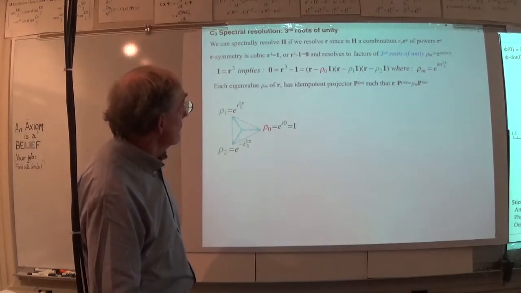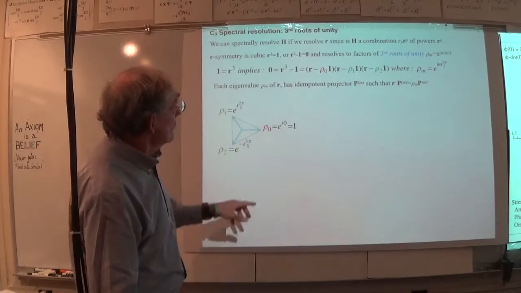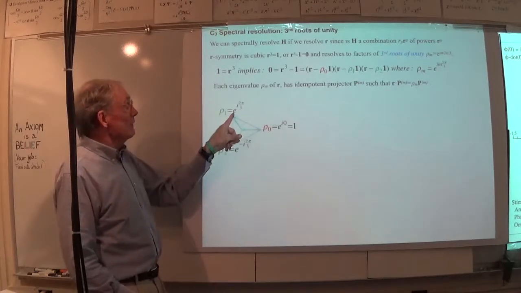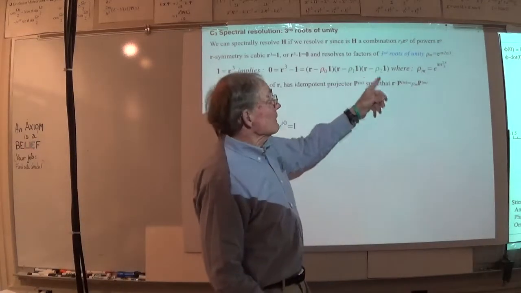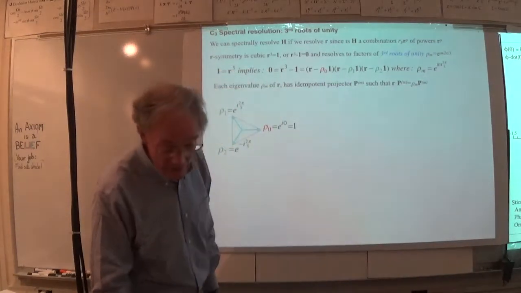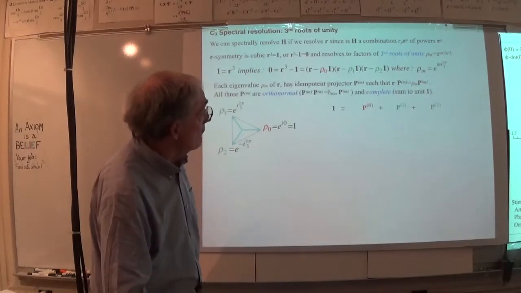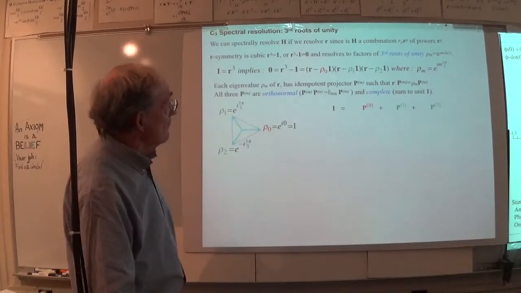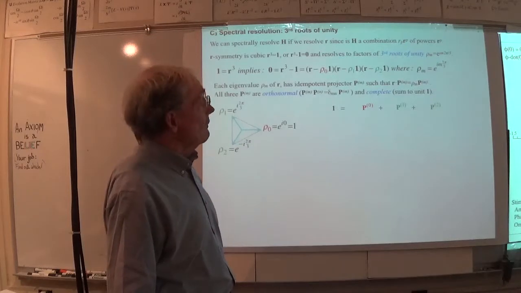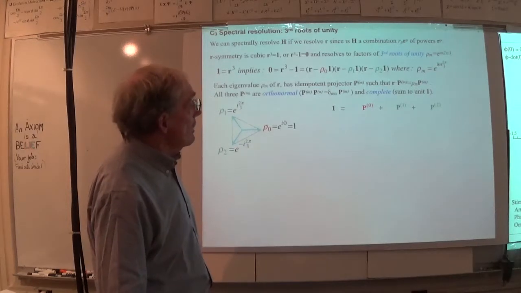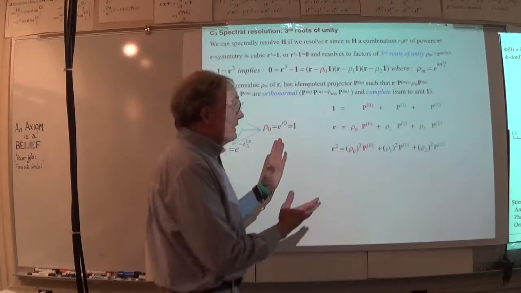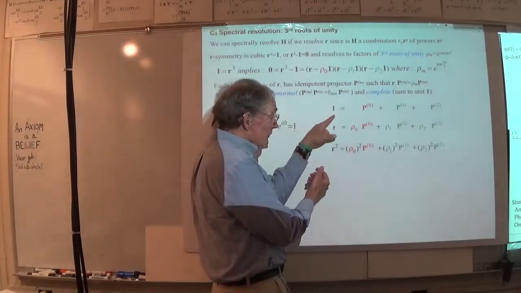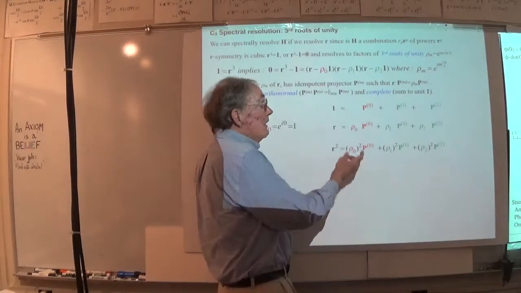Okay, but we're going to call it momentum very shortly here. So in the complex plane, here are the 3 complex numbers that represent the roots of unity. And that is the beginning of all of this spectral decomposition for cyclic groups in general, but this is the first non-trivial one.